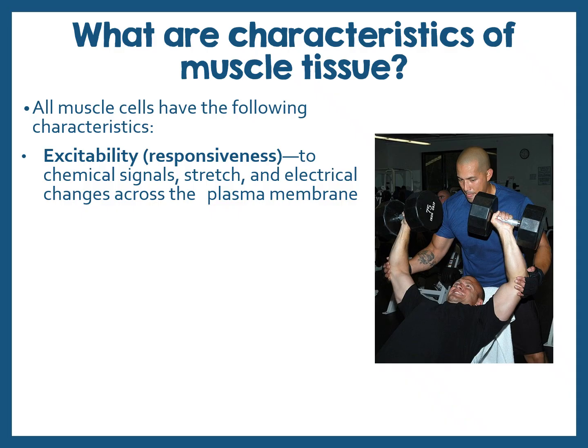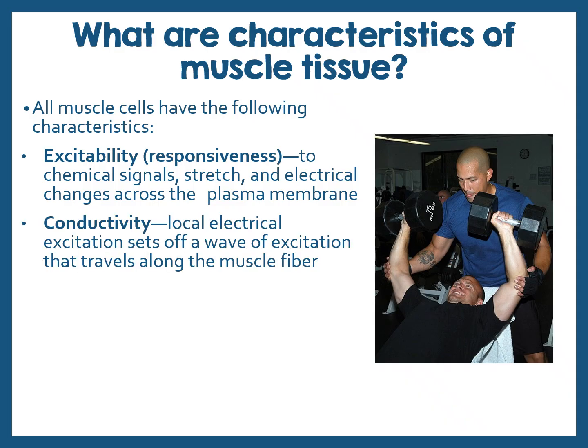And that means that they will respond to chemical signals and they will end up contracting. They will respond to a stretch. They will respond to an electrical change across the plasma membrane.